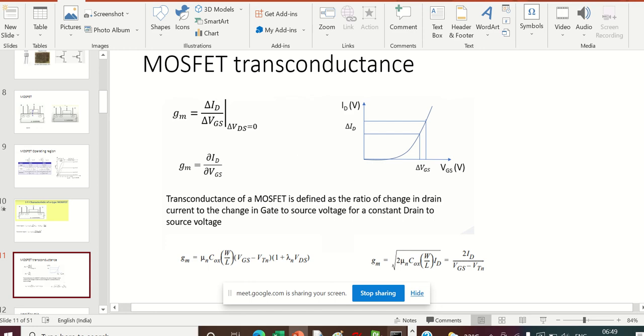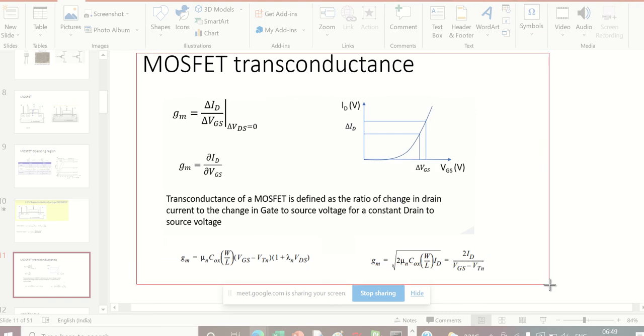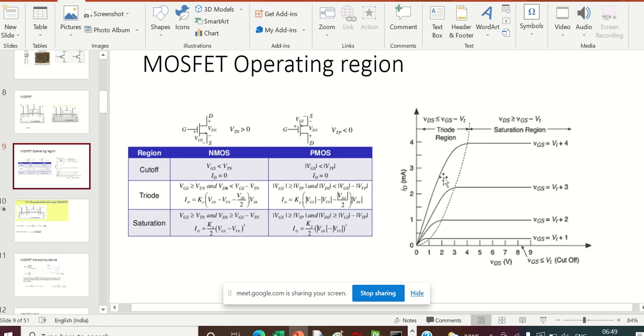First I'll explain this graph. What we are doing. In the previous graph, we were changing VDS. This is the graph where VDS is getting changed, keeping VGS constant.